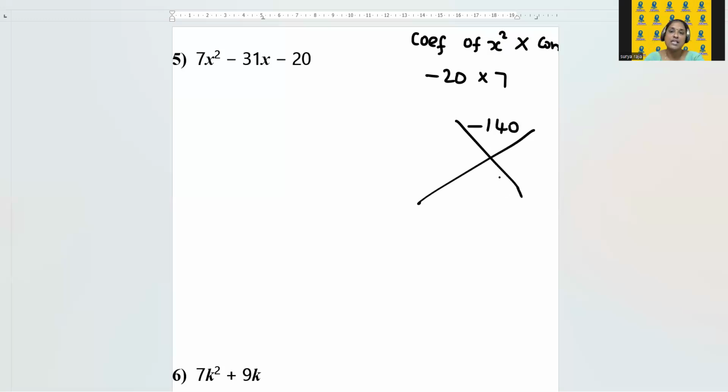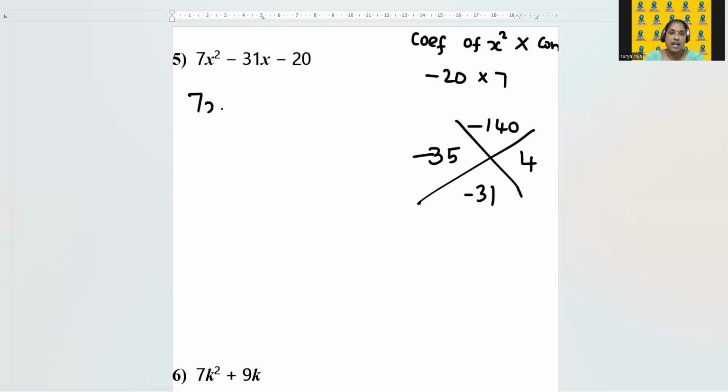Now, when I take minus 140, let me take the factor 4. Then it would be 35 times 4. When I multiply minus 35 times 4, I get minus 140. Minus 35 plus 4 would be minus 31. It satisfies the condition.